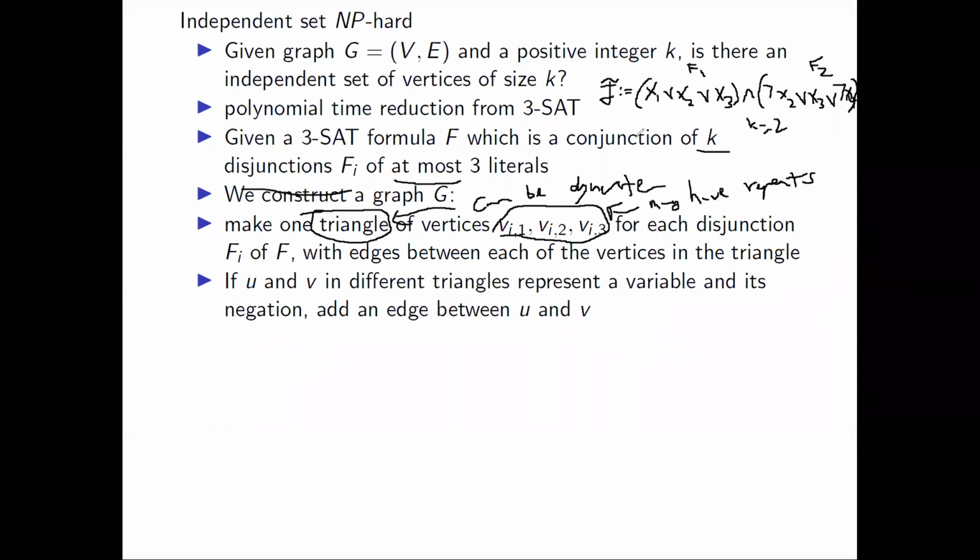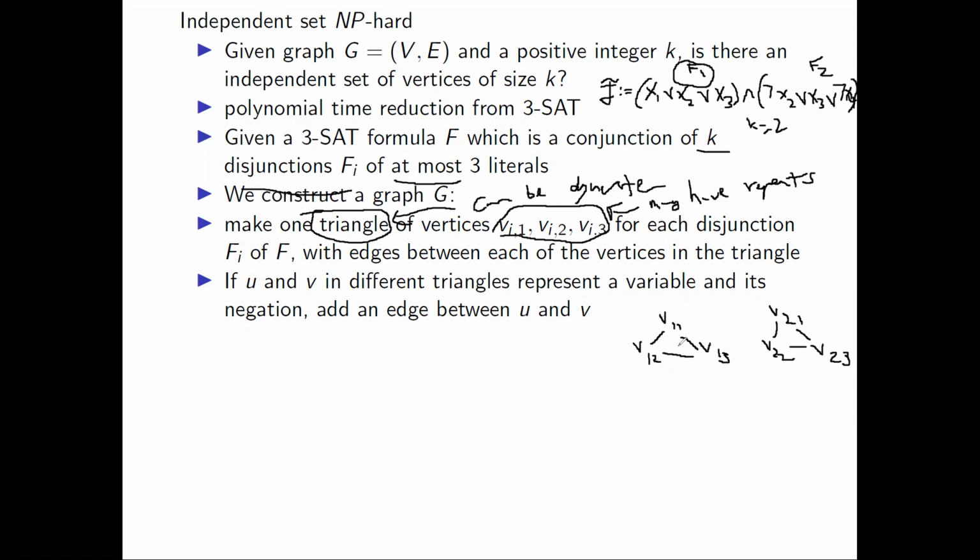So let's take the example we have at the top, the F formula, and we'll draw our triangles. So we're going to have the F1 disjunction here. We'll get a triangle from that, which will have V11, V12, and V13. And we'll also have another triangle, which is V21, V22, and V23.